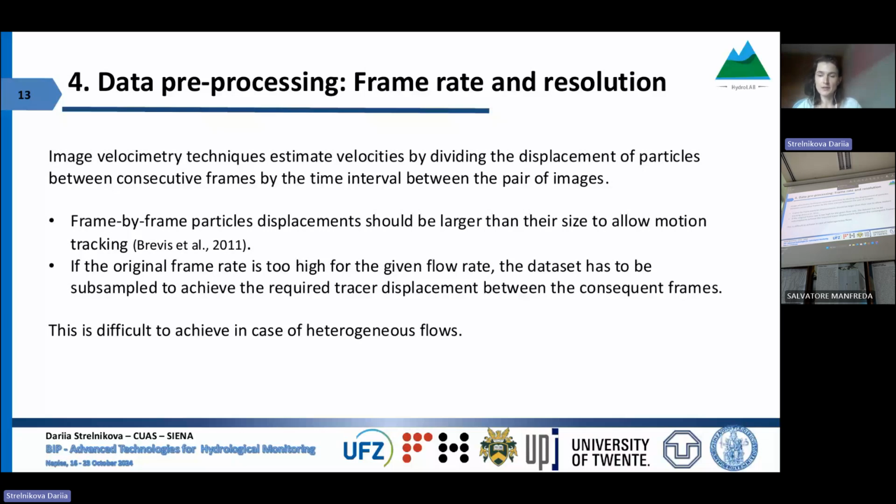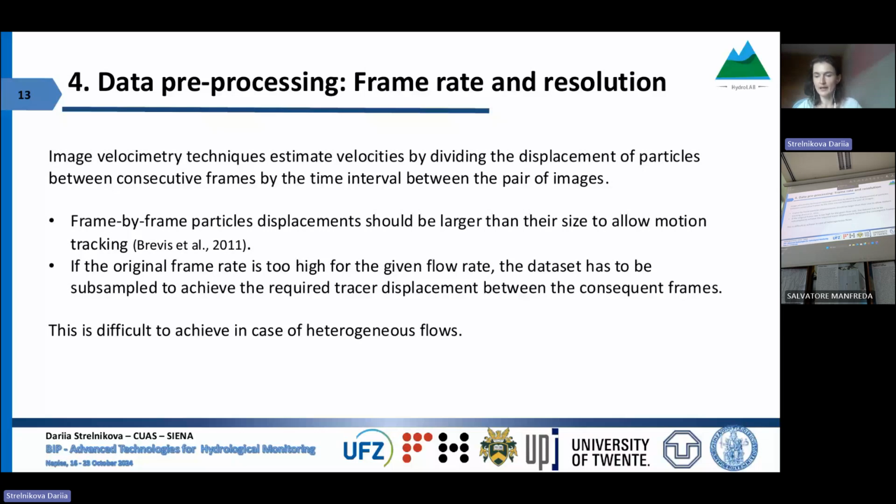If this displacement is in the sub-pixel range, then very often we will produce wrong measurements from such low displacements. Because of that, we need to subsample, so take every third or every fifth frame instead of every frame, in order to get better displacement.